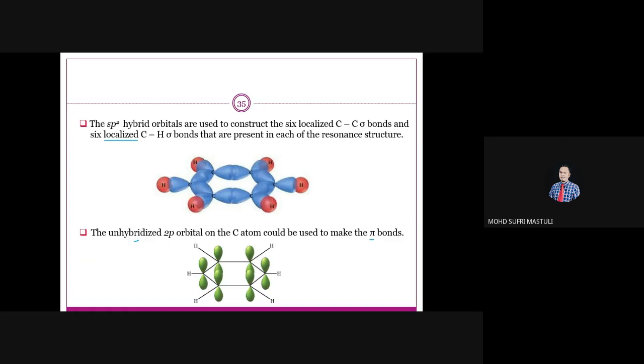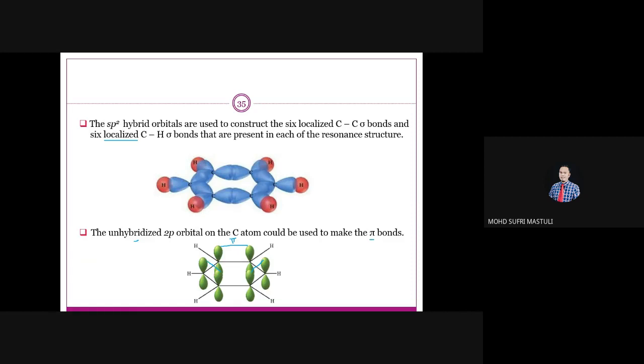This unhybridized orbital can form a pi bond. So this py will be combined with this neighbor to form a pi. Or this one can be combined with this to form another pi, or this one can form another pi.